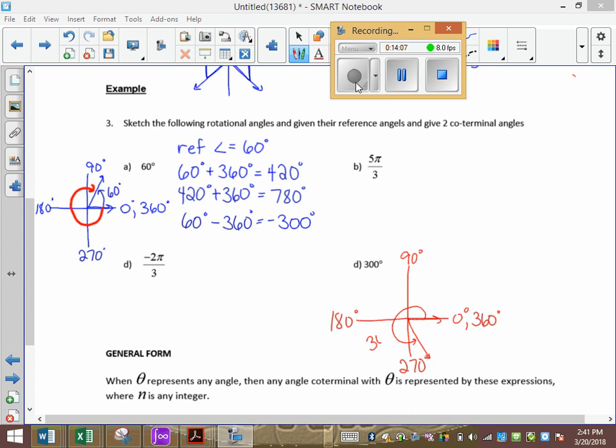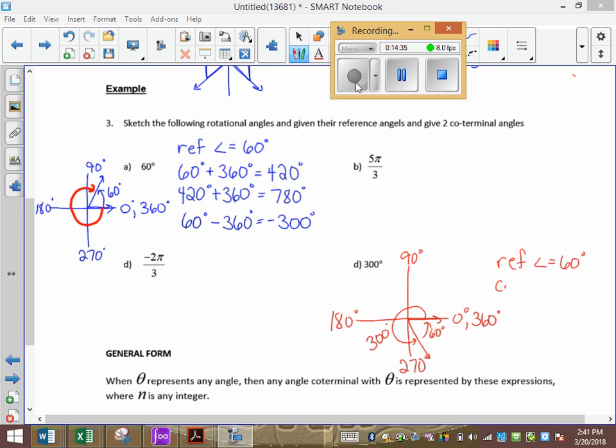So that's 300. What's my reference angle? If I drew the bow tie towards the x-axis, it's going to be 60. Now, because 2 of them were 60, we must then assume that every reference angle to life is 60. No. It just happened that these 2 were both 60, okay? So we have a reference angle of 60.